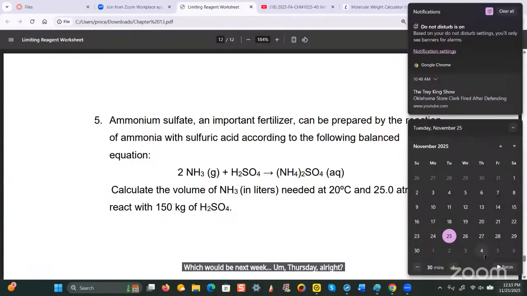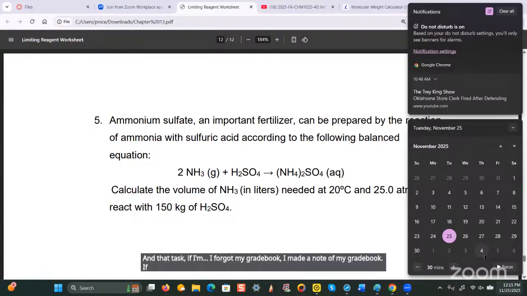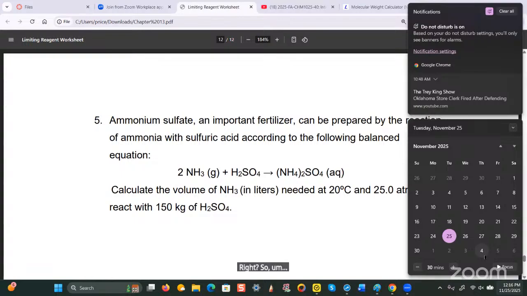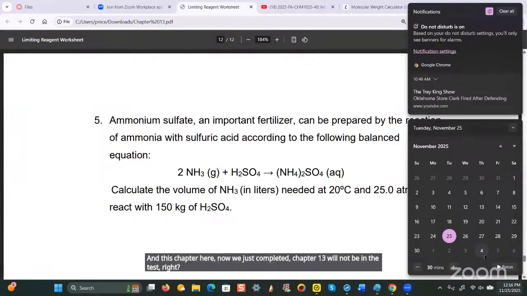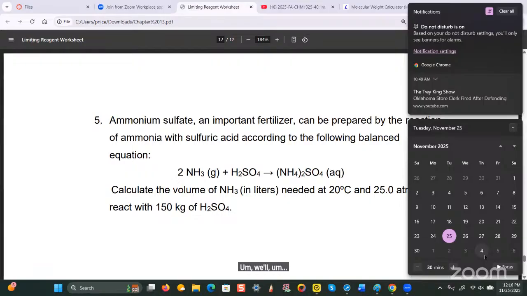And that test, I made a note in my grade book, if I remember correctly, is based on chapters 7, 8, and 9, right? So chapter 10 will not be on it, and this chapter that we just completed, chapter 13, will not be in the test, right? So chapter 7, 8, and 9 is what the test will cover.